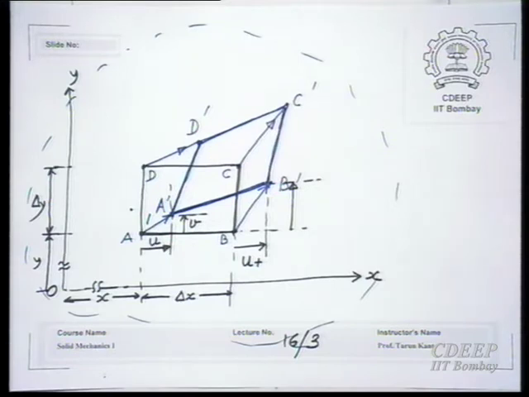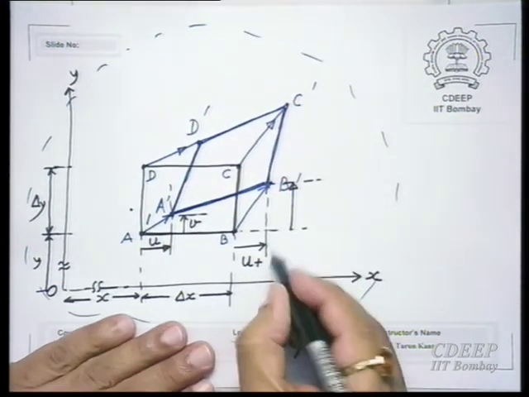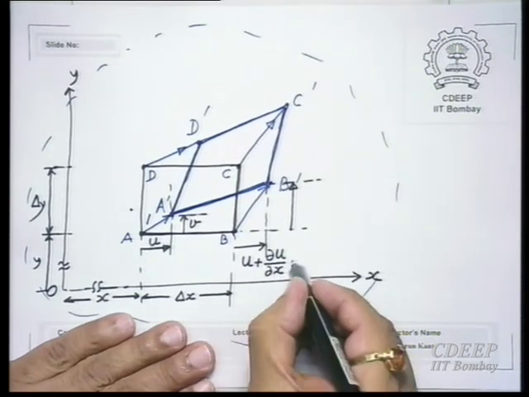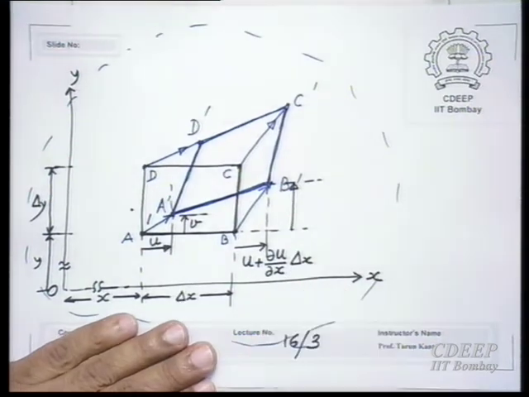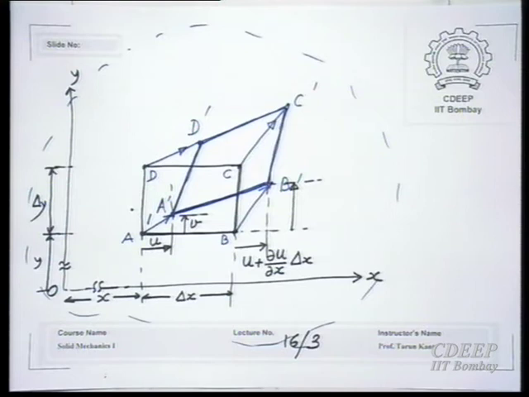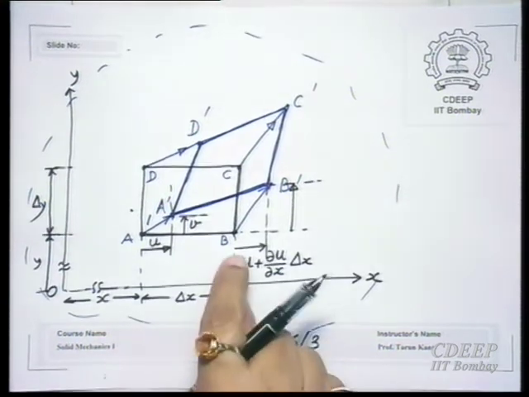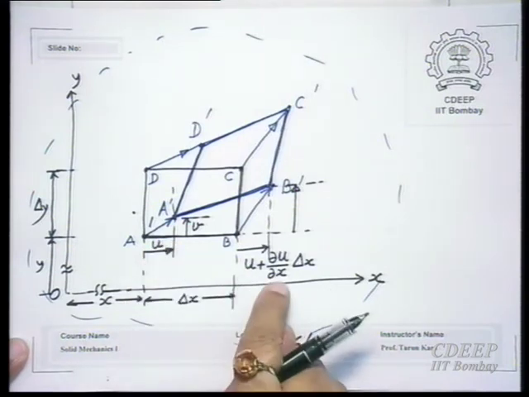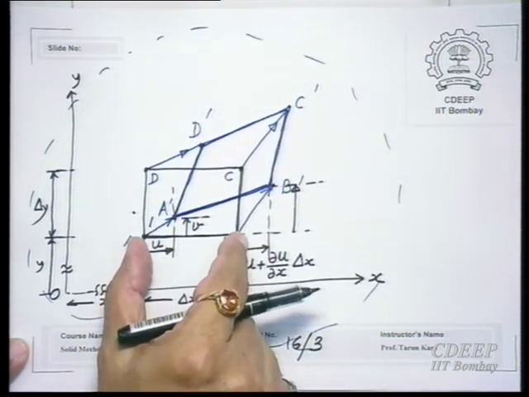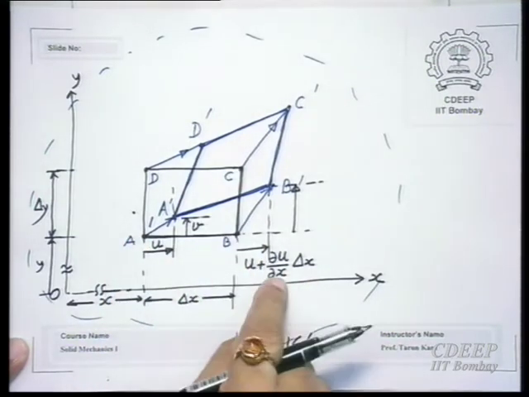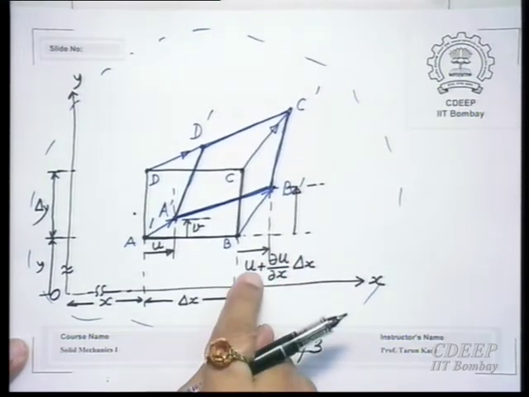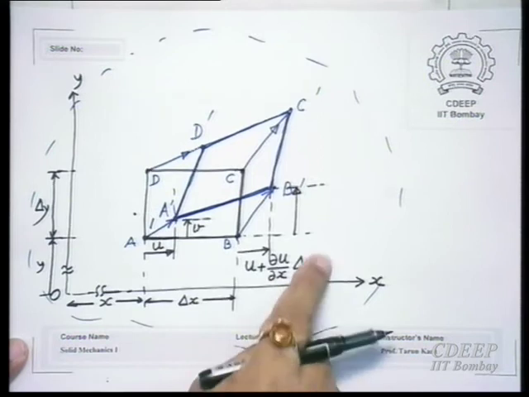The change along the x direction is du by dx times dx. It will not be simply u, but u plus some additional quantity, and that additional quantity is this.